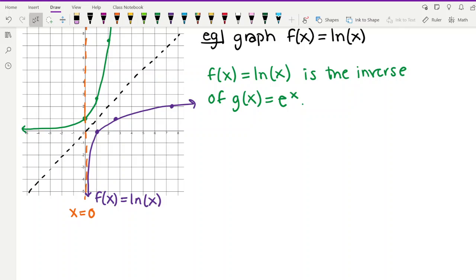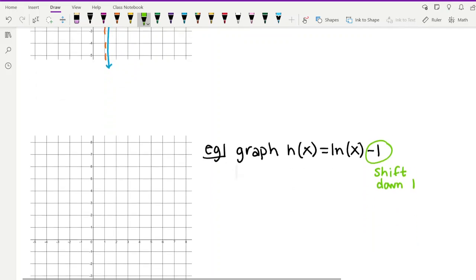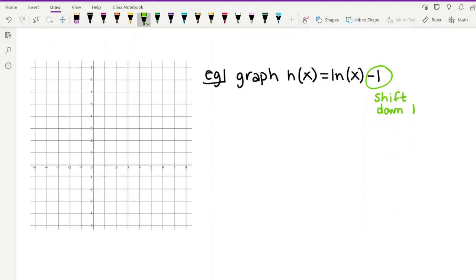And so instead of going through the point (1, 0), it will now go through the point (1, negative 1). Instead of going through the point (e, 1), it will now go through the point (e, 0), so about 2.72 and 0. And then we had (e squared, 2). Instead of going through (e squared, 2), it will now go through (e squared, 1), so that's about 7.4 and 1.